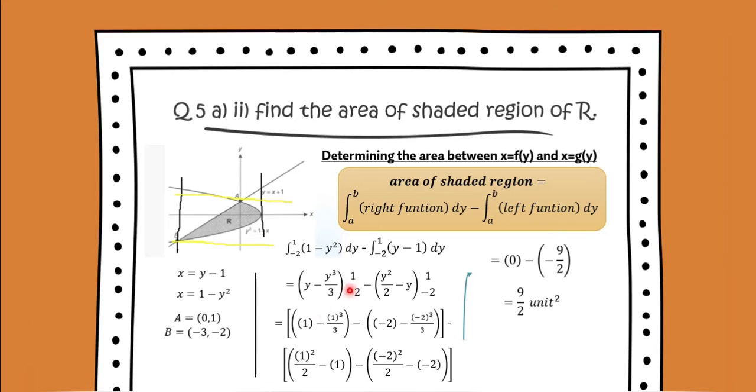Replace the value of b, which is 1, and the other value, which is negative 2, and then subtract the value of this equation, which is 0 minus negative 9 over 2. We will get the area of the shaded region R, which is 9 over 2 unit square. That's all.